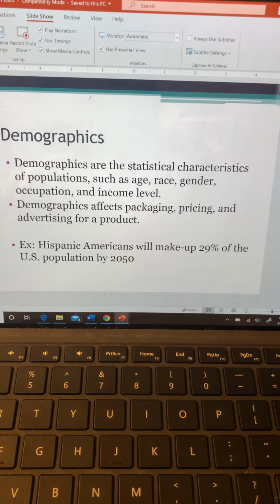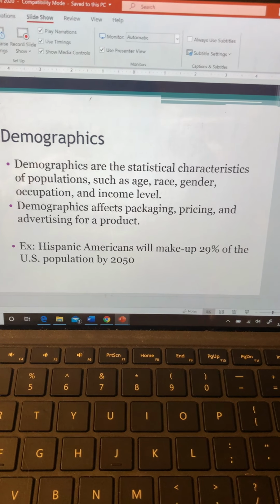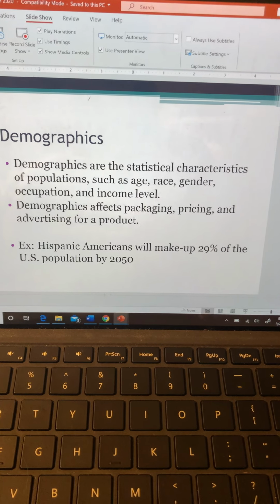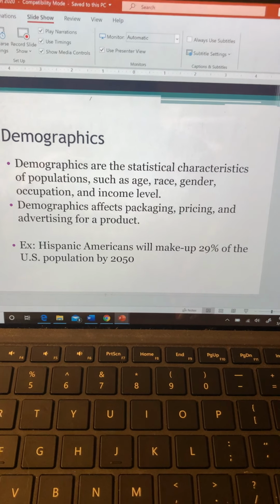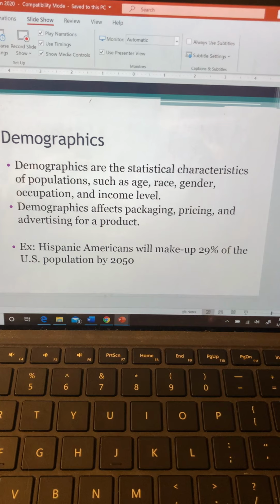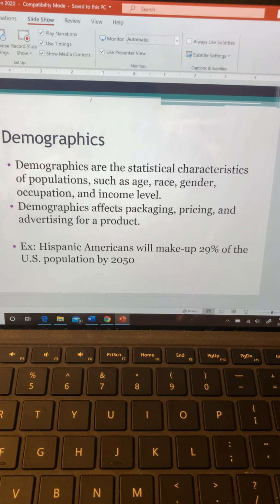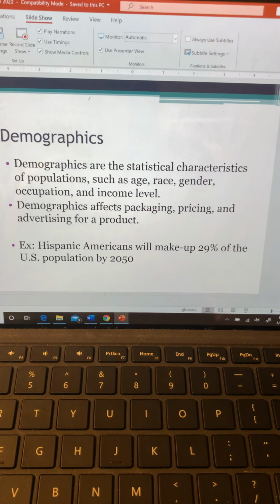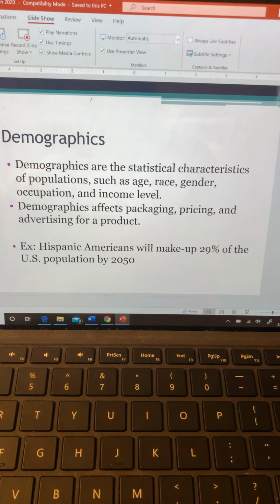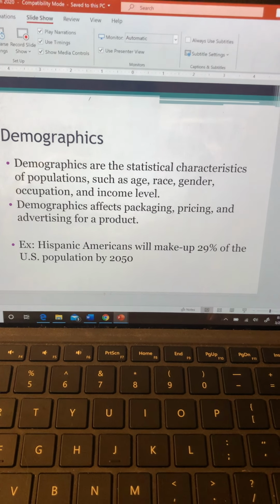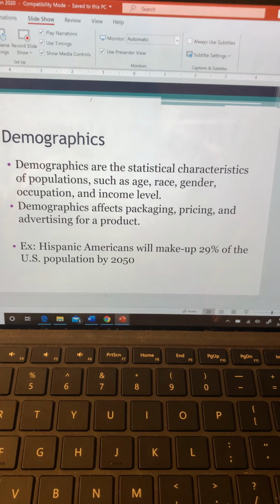That's a statistical characteristic that suits you. So again, your race, you're all women, right? So you're all female. That's part of the demographics. So all of that, all demographics affects packaging of goods, pricing of goods, advertising of a product.